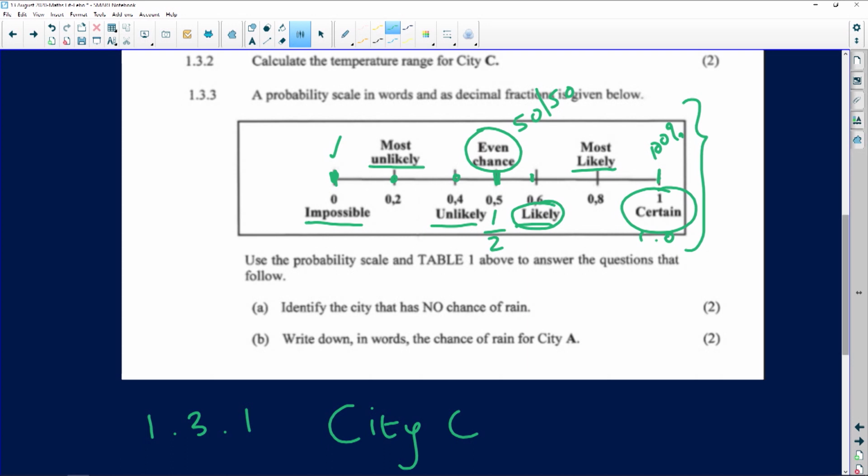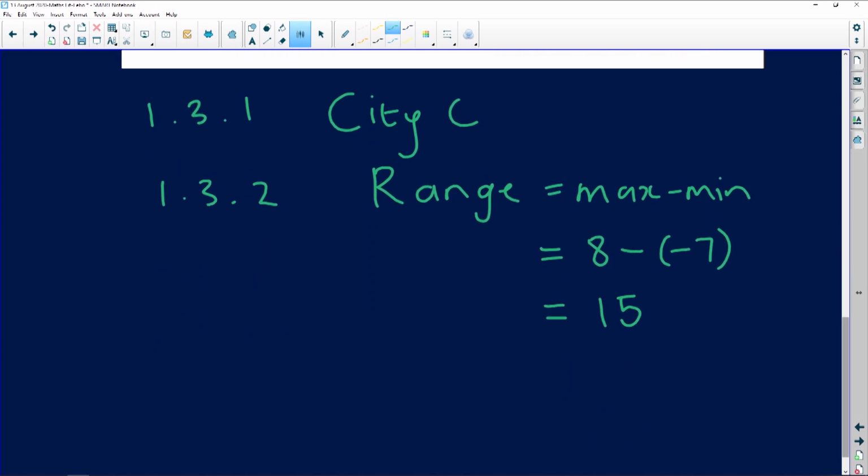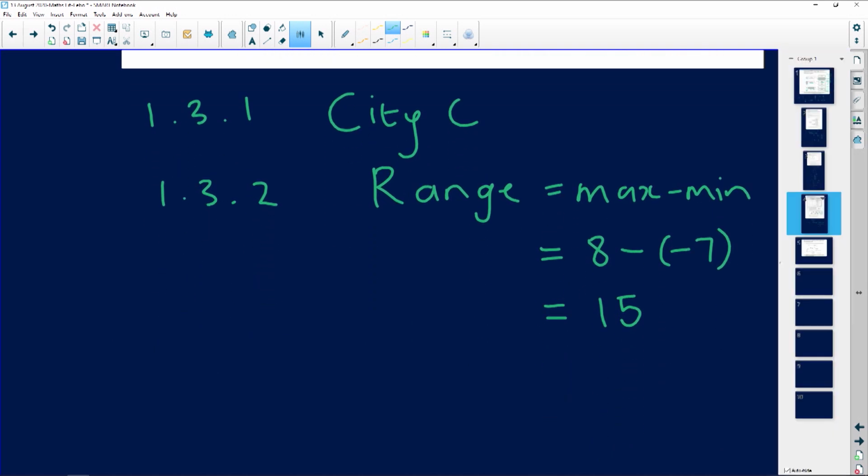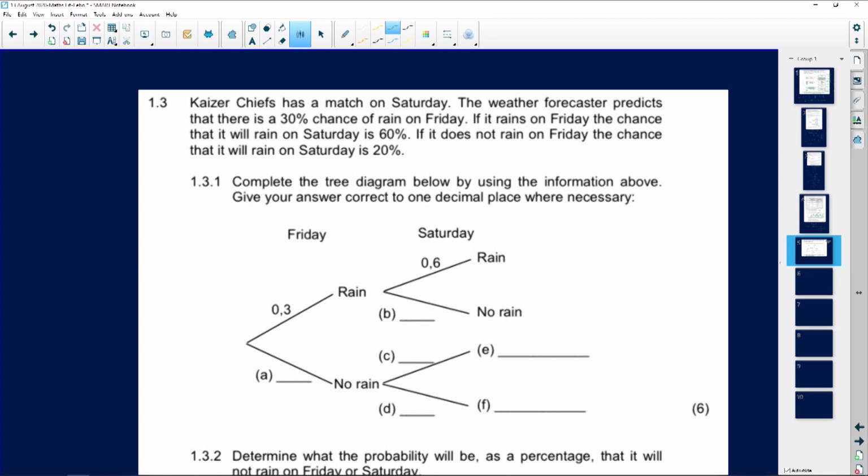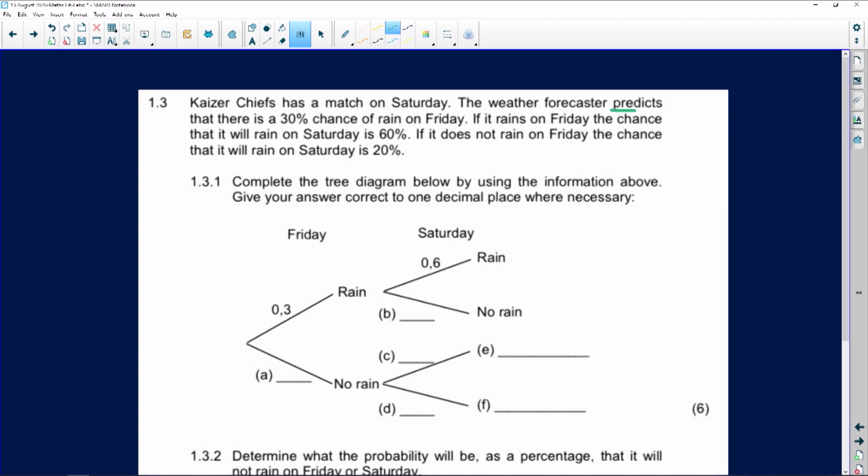Stunning. Let's see if we can do one or two questions of the following paper that we have. So it says over here, Kaizer Chiefs has a match on Saturday. The weather forecaster again predicts, so prediction, that there is a 30% chance of rain on Friday. So we've got Friday there, and we've got our 30% chance, which is 0.3.